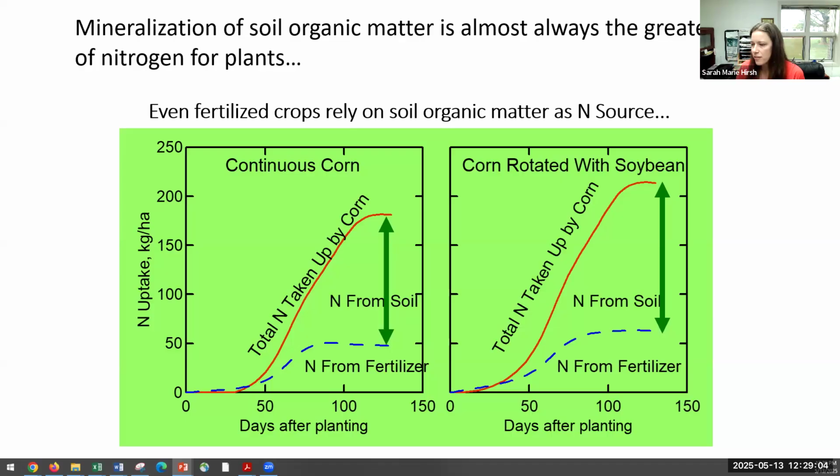So you could assume maybe 50 pounds are being taken up from the fertilizer that we applied, but there's a lot of nitrogen also being taken up that at the beginning of that growing season was still in the organic form, and it decomposed and released during the growing season.